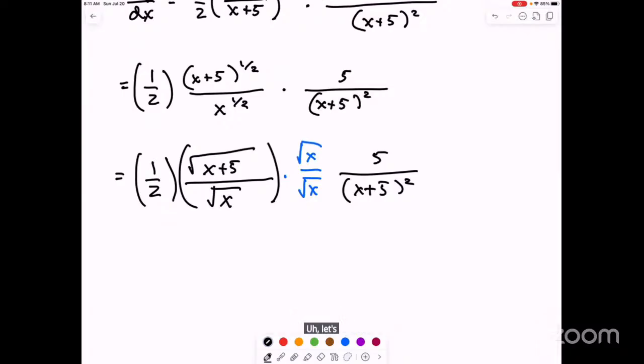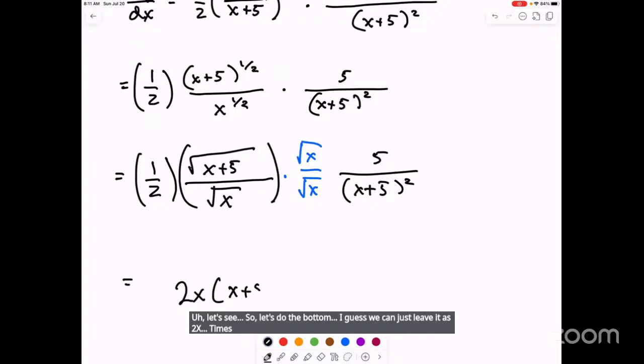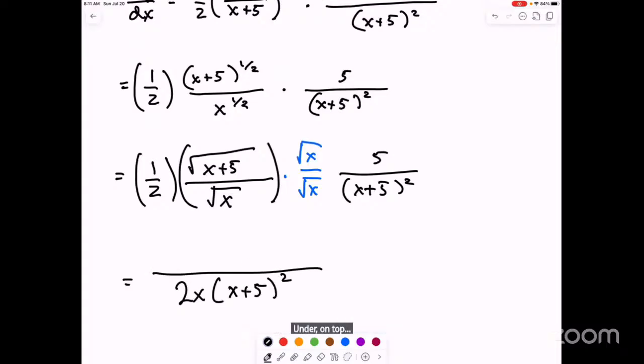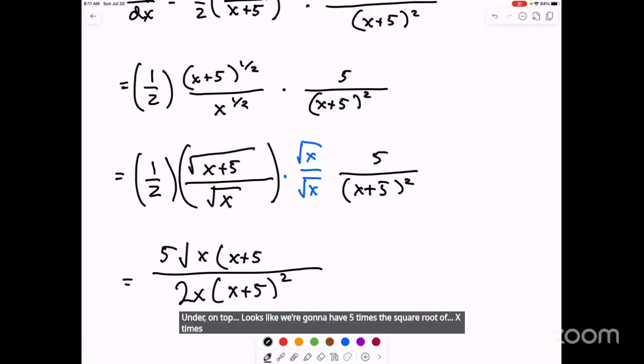Let's see. So let's do the bottom. I guess we can just leave it as 2x times x plus 5 squared under, on top, looks like we're going to have 5 times the square root of x times x plus 5.